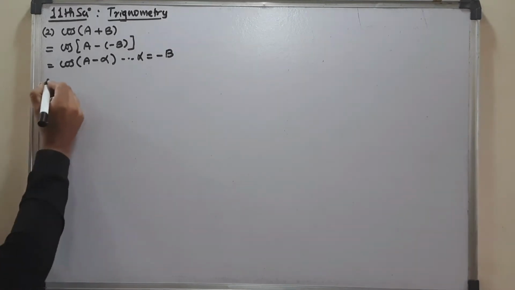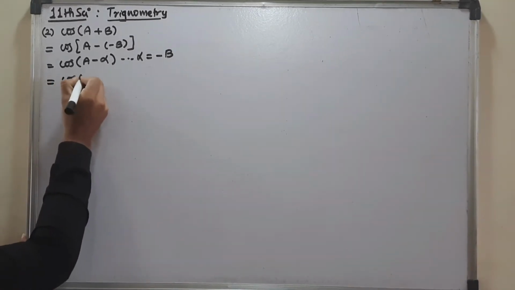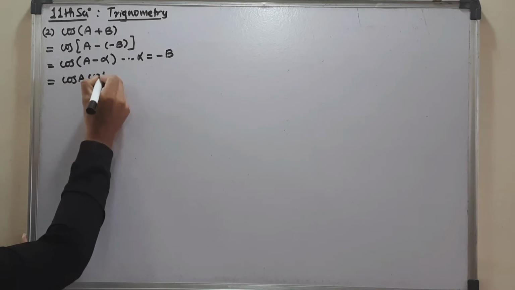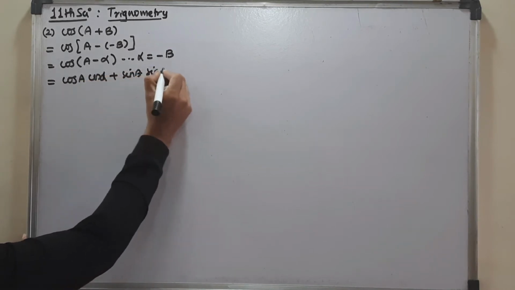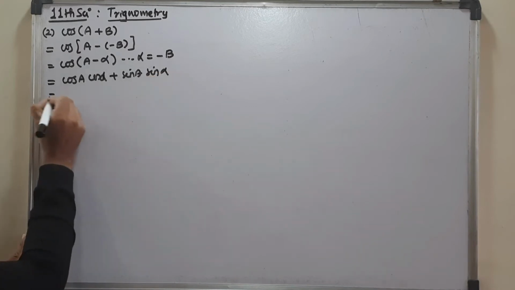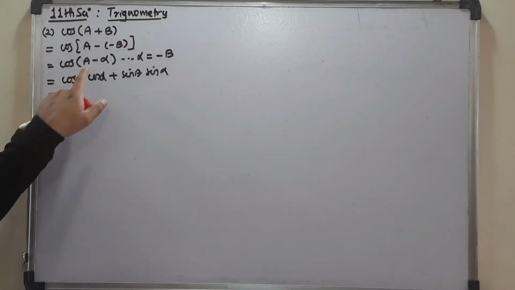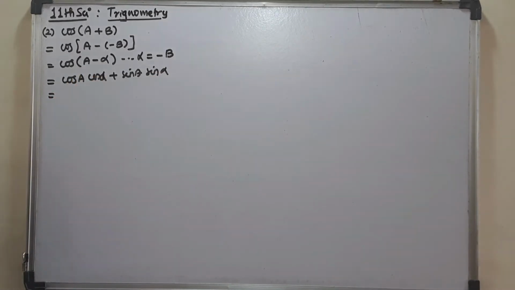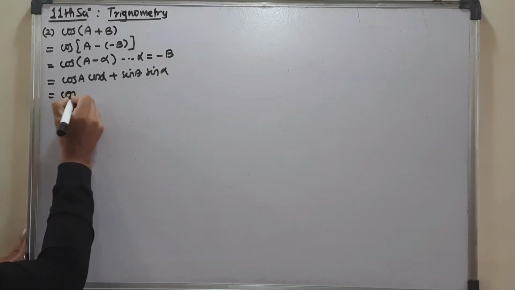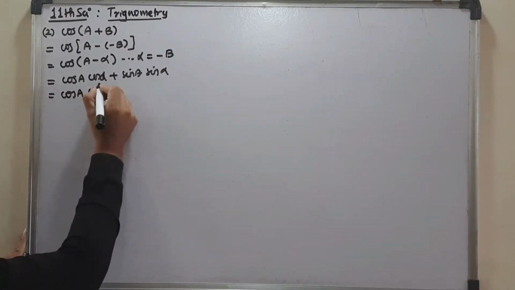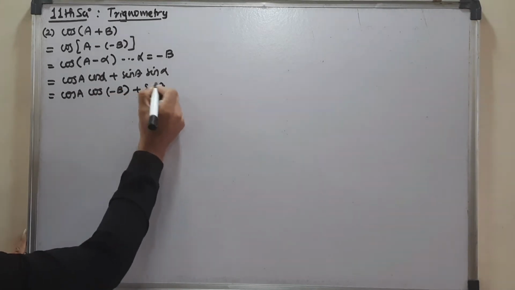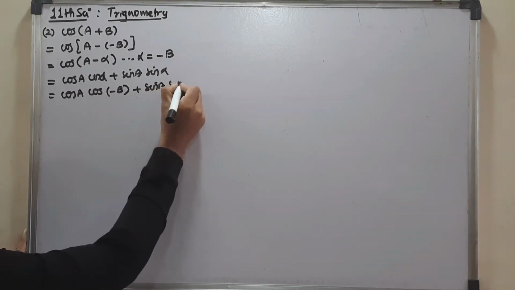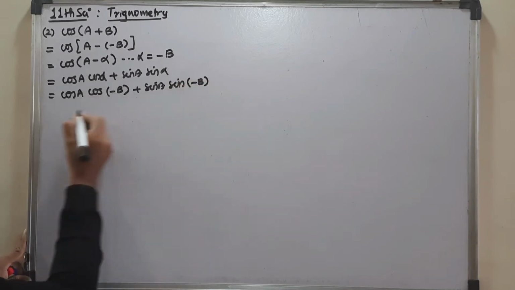Now you just know the formula, that is cos a cos b plus sin a sin b. This is your a, this is your b. So write this now, cos a cos alpha written as minus b, sin a sin alpha written as minus b.